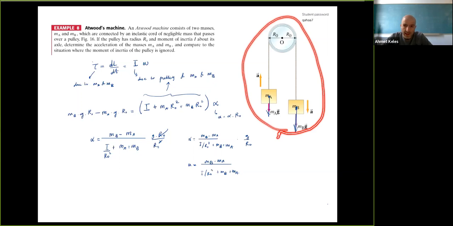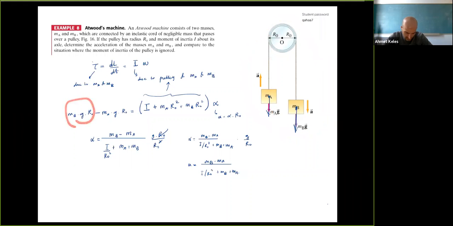And torque is coming from gravity. The first one is acting here, pulling down, and the other one is acting here, pulling down. And I know the amount of torque. So this is just force times perpendicular distance, or F cross R. So this is F, this is R. So that's it.